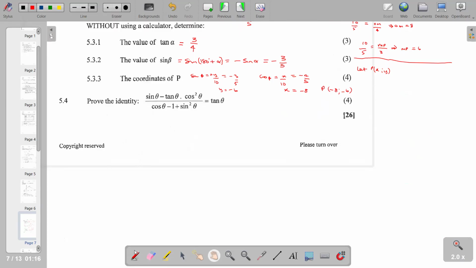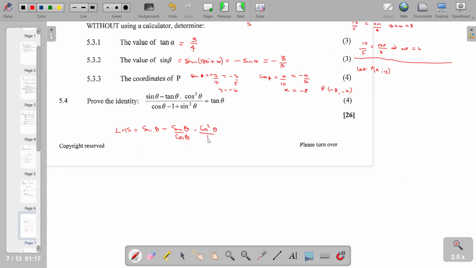So we are going to have left-hand side equal to sine theta minus tan theta. It changes to sine theta over cos theta, multiplied by cos squared theta.